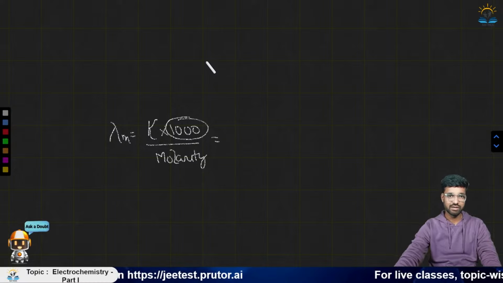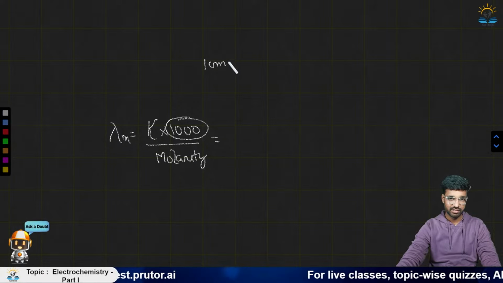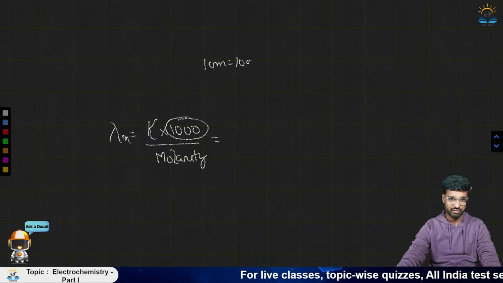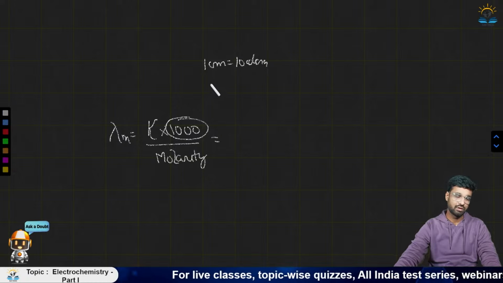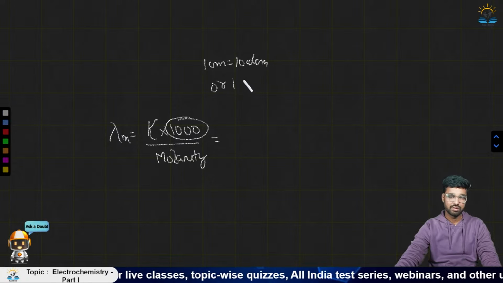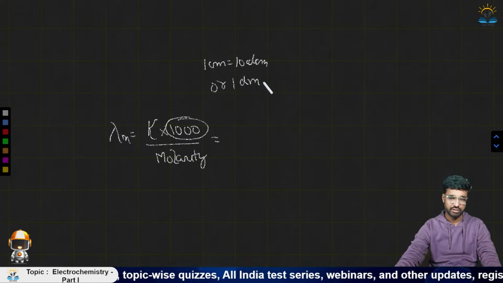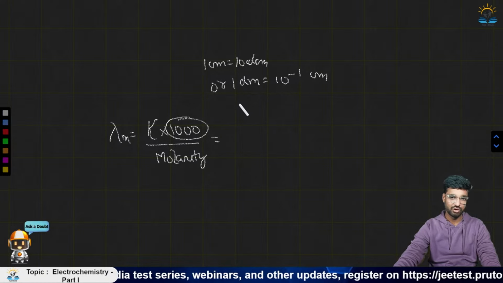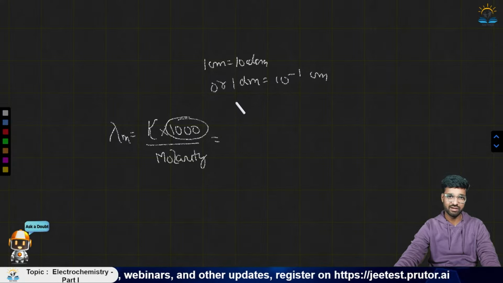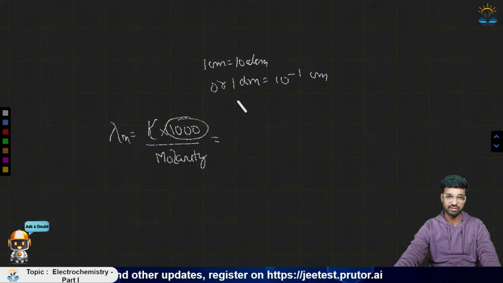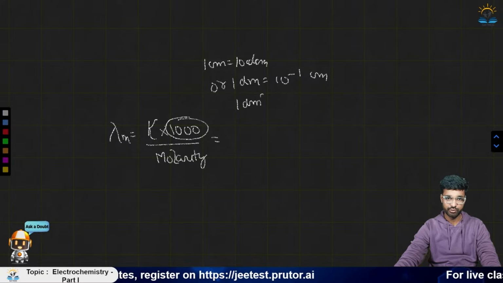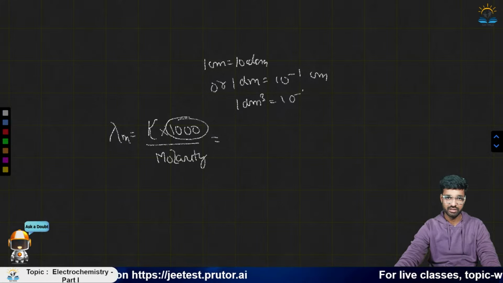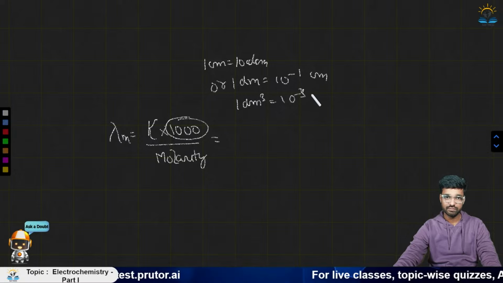We know that 1 decimeter is equal to 10 to the power 1 centimeter. So we have a volume, which is 3 times length. So it will be 1 decimeter cube, which will be 10 to the power minus 3 centimeter.